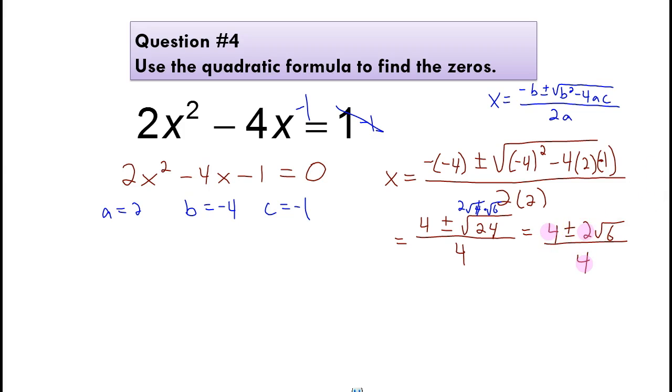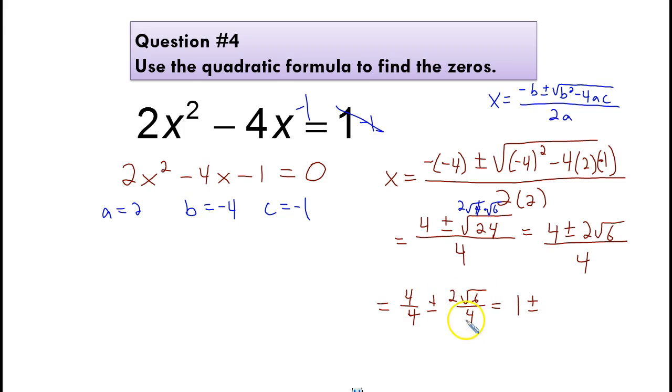What I'm going to do as I solve this problem is go ahead and break it into 2 fractions. Okay, so I'll have 4 over 4 plus or minus 2 root 6 over 4. So that I can go ahead and say 4 divided by 4 is positive 1.